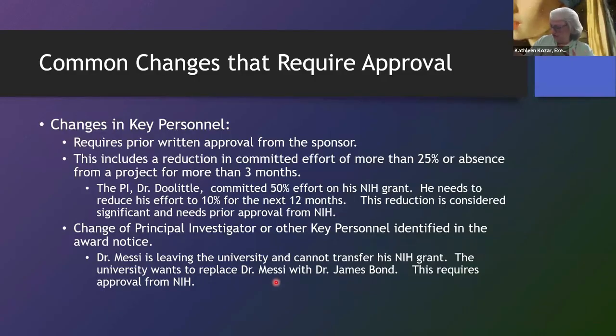And you need to also provide a biosketch and possibly sometimes a full curriculum vitae for the agency to review. So that, again, is something to keep in mind about the level of detail that you need to provide if you change the principal investigator to someone else.